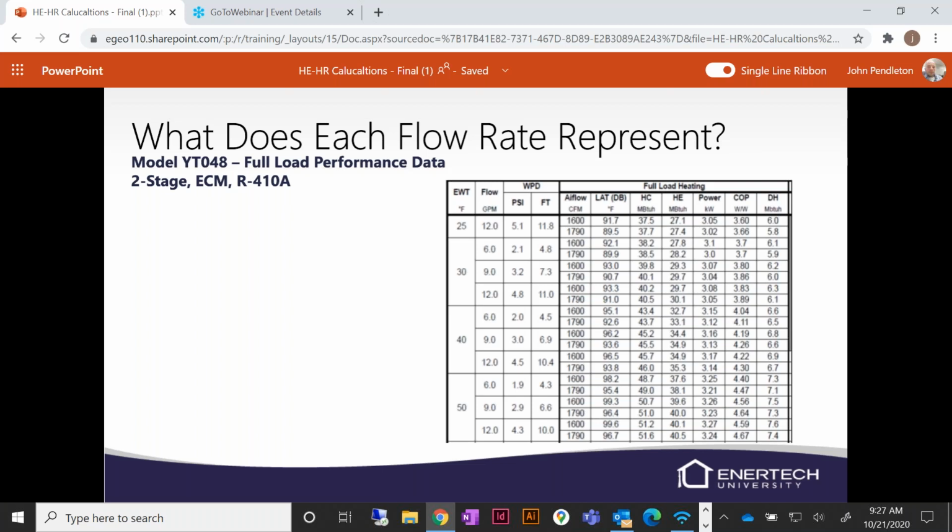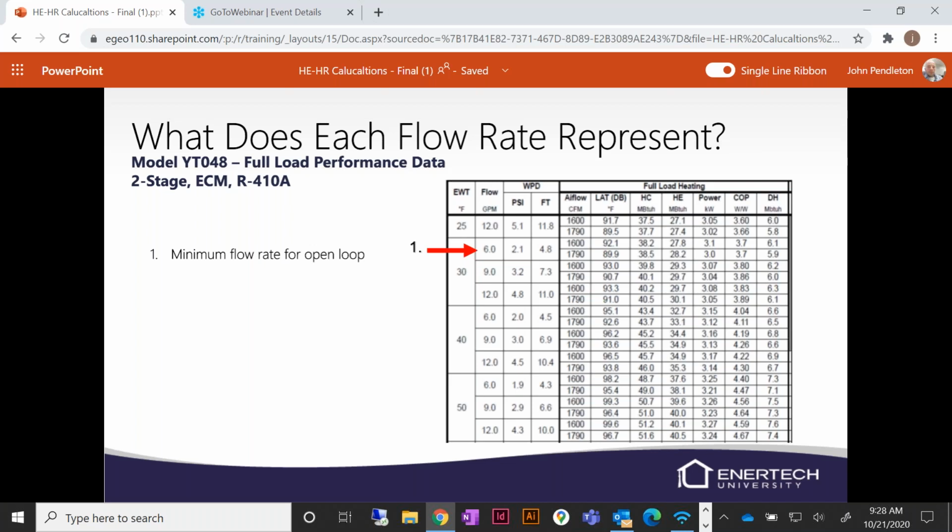And the reason that there are is, like at 30 degree entering water temperature, that first GPM is the minimum flow rate for an open loop. This is a 4-ton unit. So the minimum flow rate we want on an open loop is 1.5 GPM per ton.